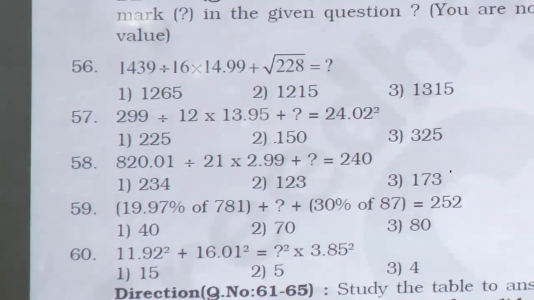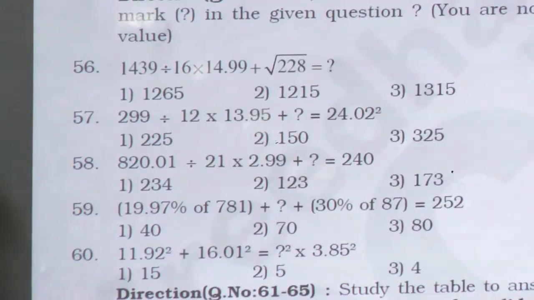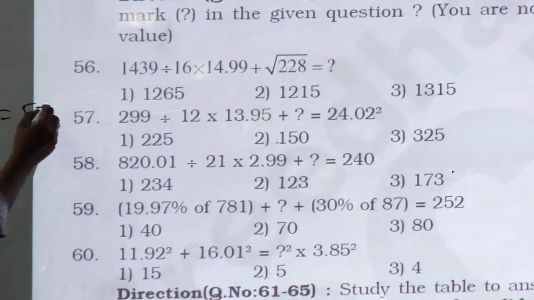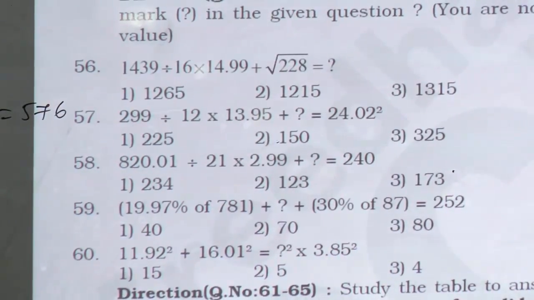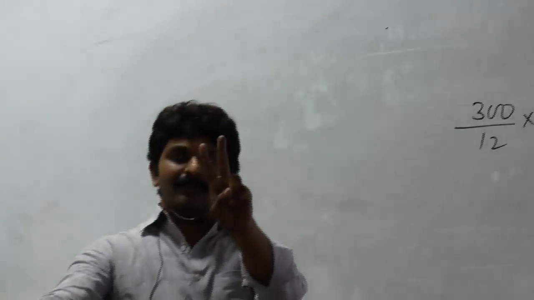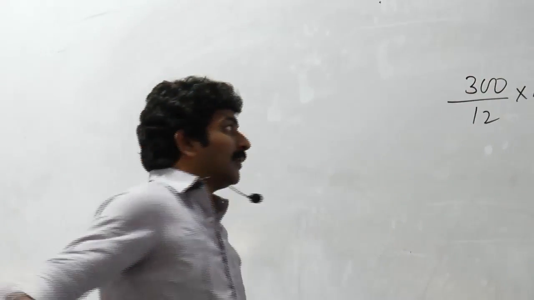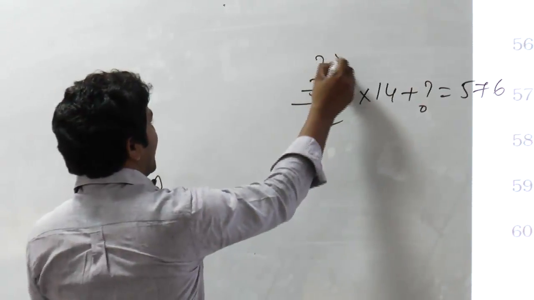Next, 300 by 12 into 14 plus how much will be equal to 24 square, which is 576. How many 25s will be there in 100? In 200? In 300? 12 12 cancel and this is 25, right?